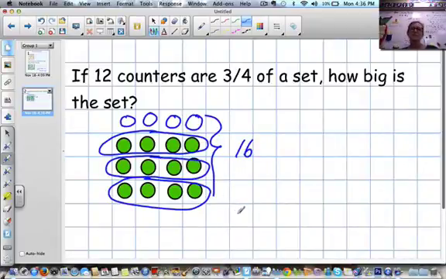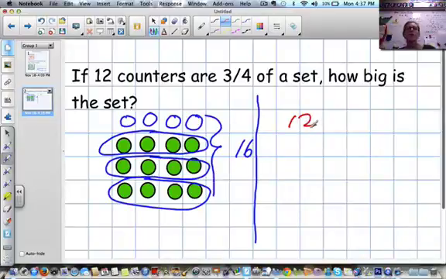All right, so I'm going to give you another way of thinking about the same problem. Again, going back to that use of the unit fraction. So I'm going to draw a line right here. Switch colors. Okay, so 12 counters are 3/4 of a set. How big is the set? So if I ask myself first, what's 1/4 of the set equal? And how would I get that? If I started with 12 and I want to know what's 1/4 of the whole big giant set that I don't know what that is, that's the thing we're trying to figure out.